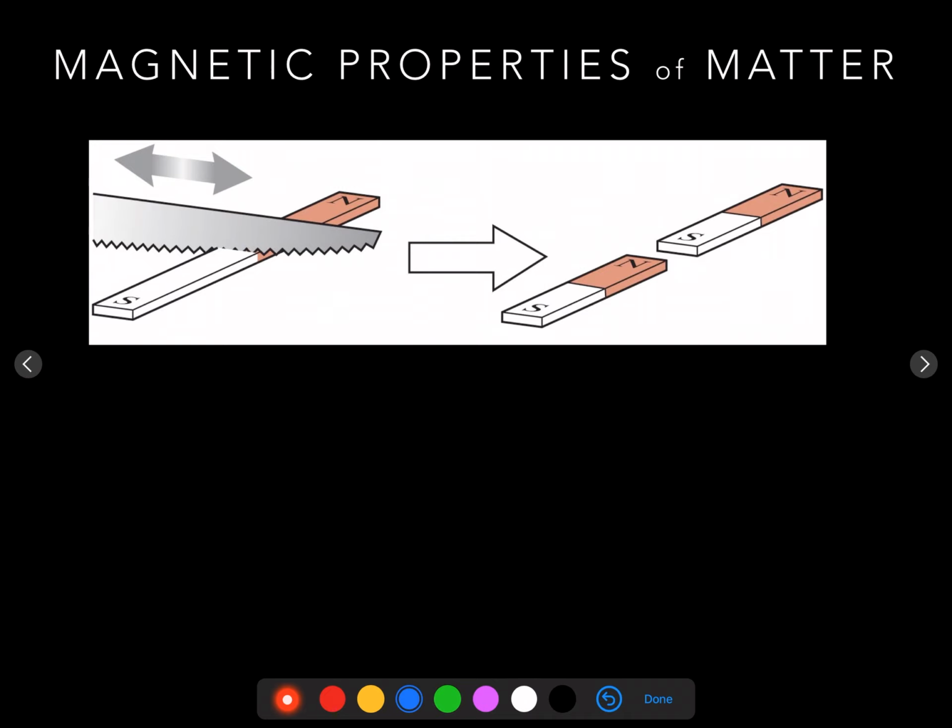As long as you just have a bunch of dipoles lined up, whatever is near the pointy end of the dipole, the north side of the dipole, is going to be north, and whatever is at the south side of where these dipoles are pointing is going to be south. And you can cut it down all the way to a single layer of atoms and still get north and south, okay? So, there are no magnetic monopoles because the most fundamental kind of dipole is an electron.